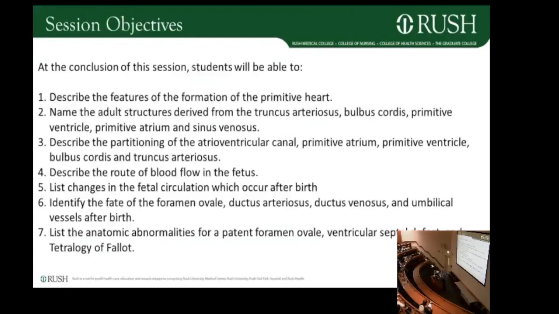We're going to do this according to objectives. The first three objectives are going to be focused on how the heart is developed. And then we're going to spend a couple of moments, objectives 4, 5, and 6, talking about prenatal blood flow, postnatal blood flow, and then identifying the fates of things that change at birth.